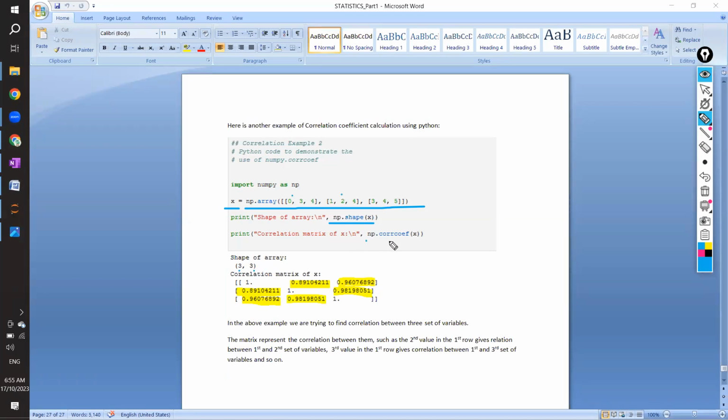And to the np dot correlation coefficient, if you pass x, that means what? You are passing A, B, C. So when you're passing A, B, C, the advantage of using the correlation coefficient is that directly you can get the correlation of all possible combinations. Fine.